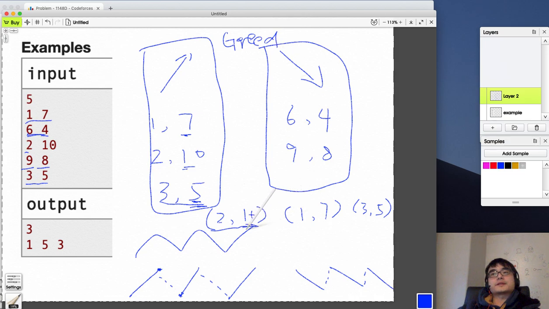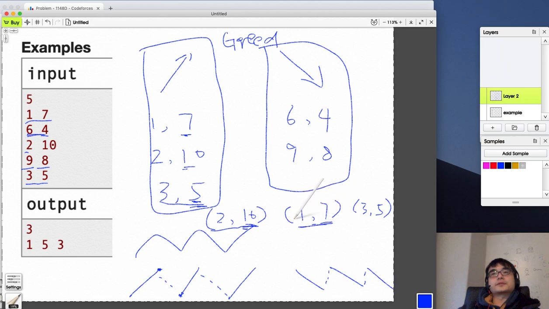We just choose the largest, so that we can have more possibilities for the rest, right? And the second we choose is the second largest one, right?